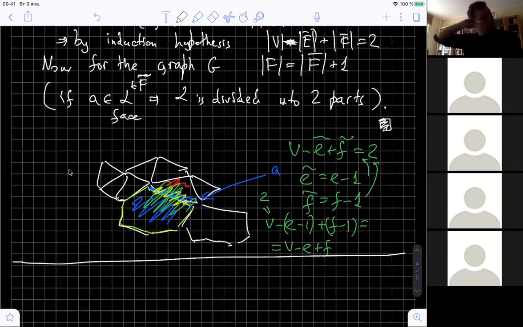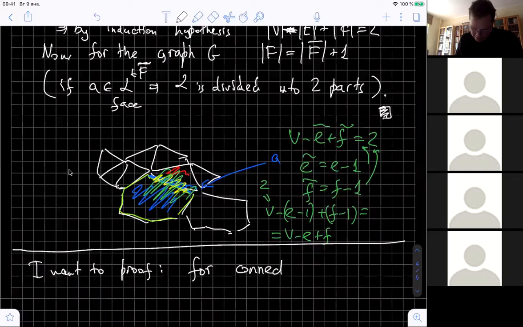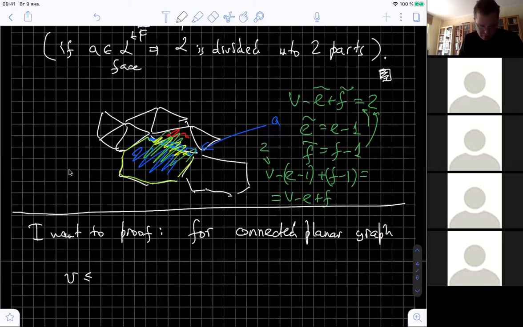If I want to write the inequality for a connected planar graph, something like E is not equal to 3V minus 6 holds.